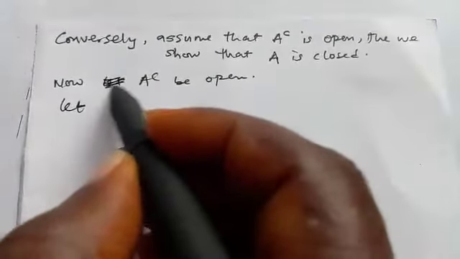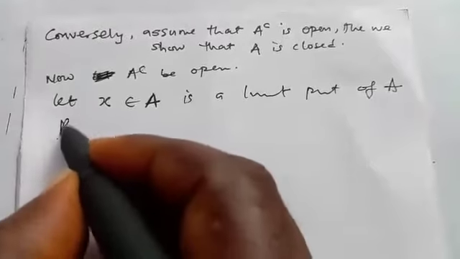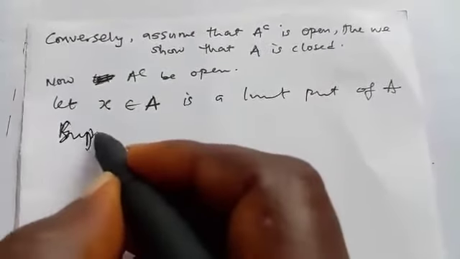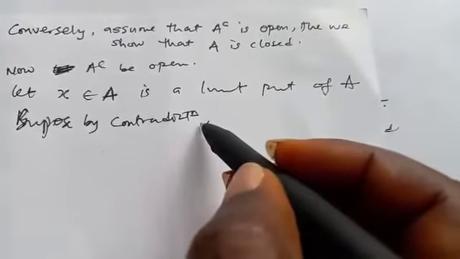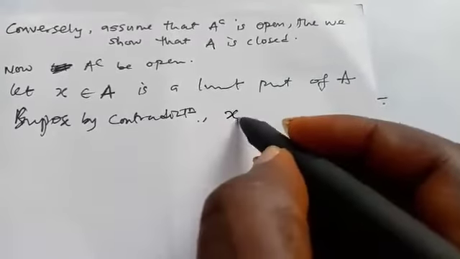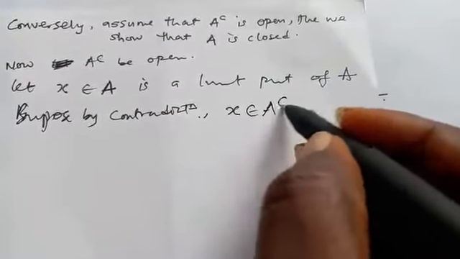So let us pick an S in A. This means that we are letting S be a limit point of A. So we now prove by contradiction. Suppose by contradiction that S belongs to A complement.